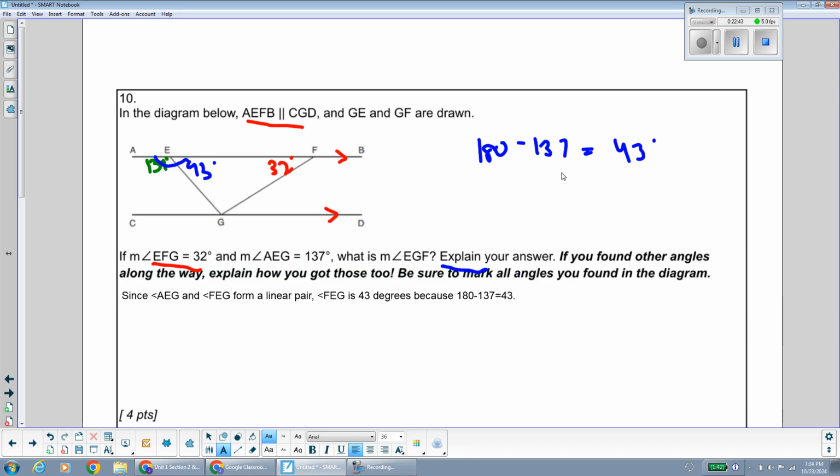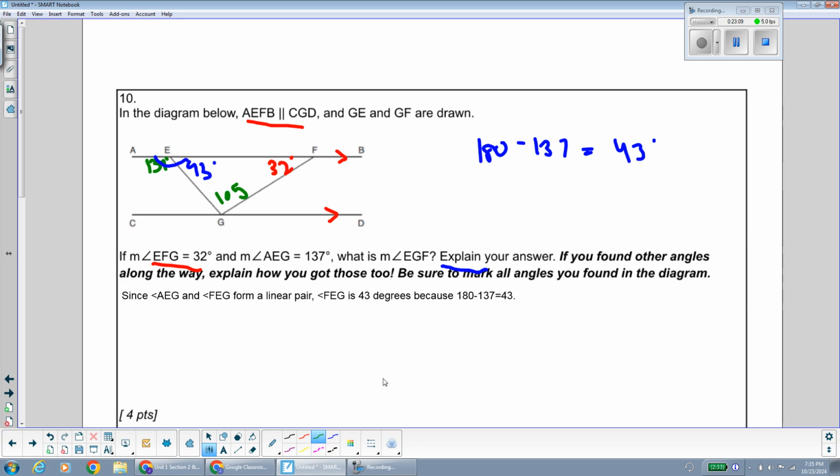Now it counts. Now, inside our triangle, we have two angles, the 43-degree angle and the 32-degree angle. If I add up 43 and 32, I get, let me use my calculator, 75. And then if I subtract that from 180, because all angles in the triangle sum to 180, I get 105.